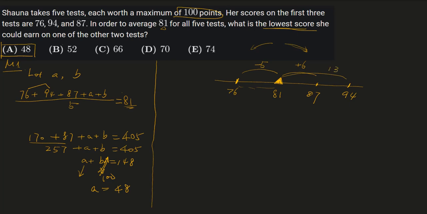Good. Then what's the total deficit or surplus from these three numbers? Then that is minus 5 plus 6 plus 13. Minus 5 plus 6, that gives 1, plus 13, that's 14. Therefore, we know that we already got a surplus of 14 from the first three tests.